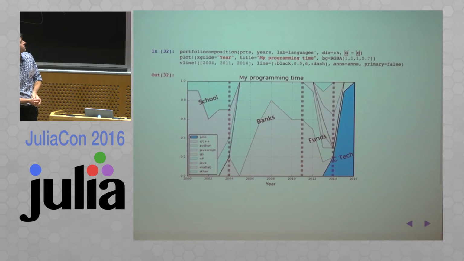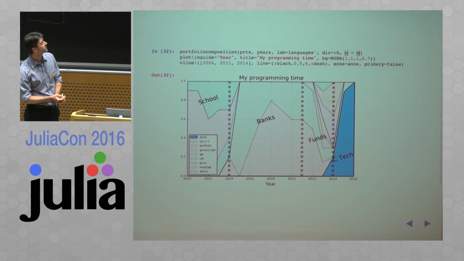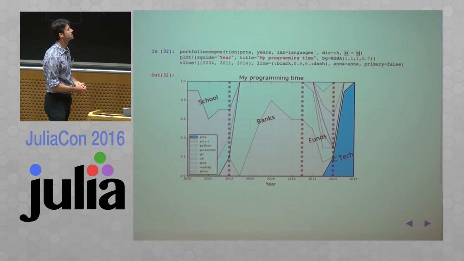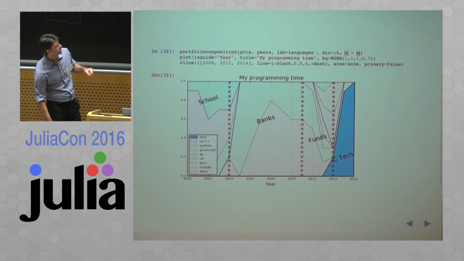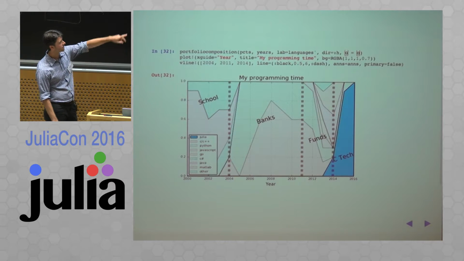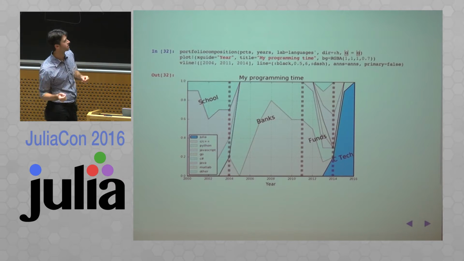You've got a base portfolio composition recipe that's being built, very similar to the last one you saw. The only real difference is that you can see the alpha value. I've created my more recent time with Co-Integrated Technologies, which is my company, has a strong alpha.